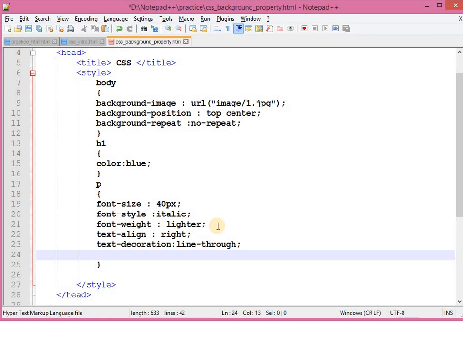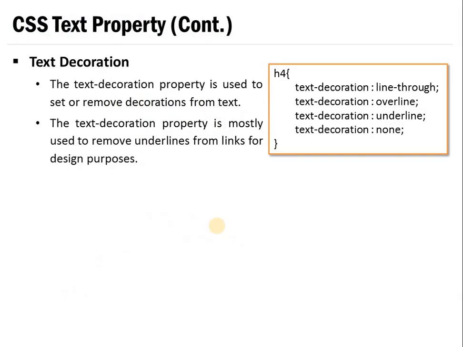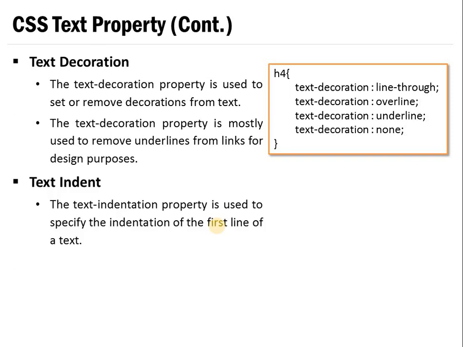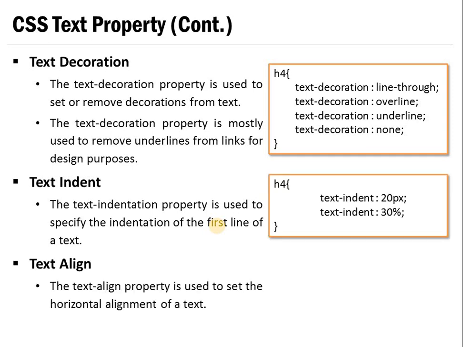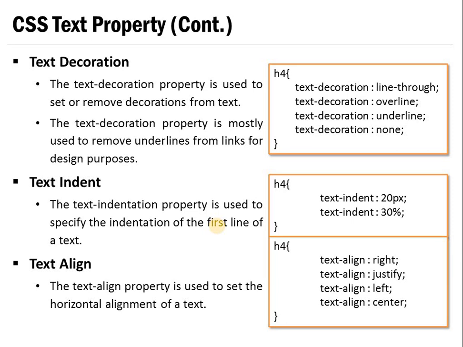You can also put it as underline as well, there is no issue. After that text indent. Text indent is generally used for the first line of your text, just like a paragraph type. The first line will be slightly indented. After that text align, right, justify, or center.